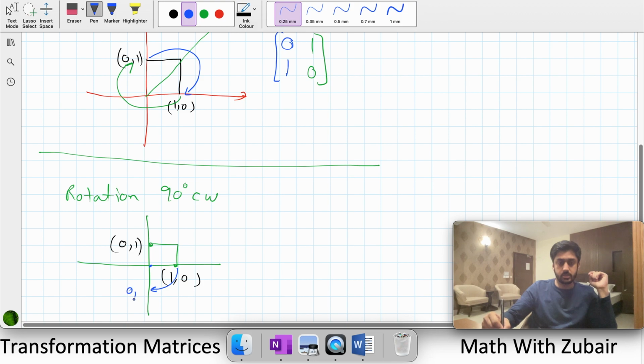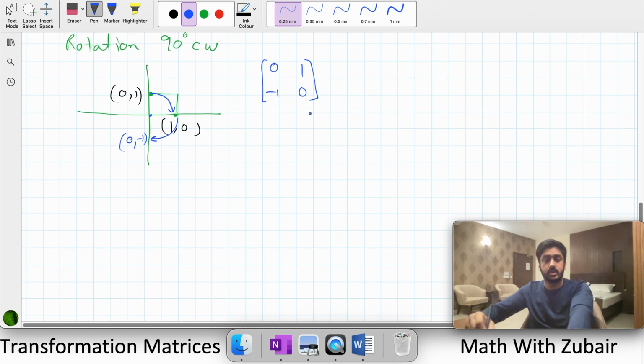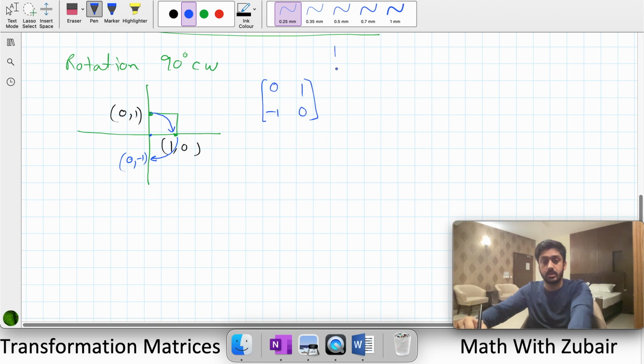So this is x0, y minus 1, and this point right here will rotate on this one. So the point on x-axis became 0, minus 1. The point on y-axis after the rotation became 1, 0. This is rotation 90 degrees clockwise.